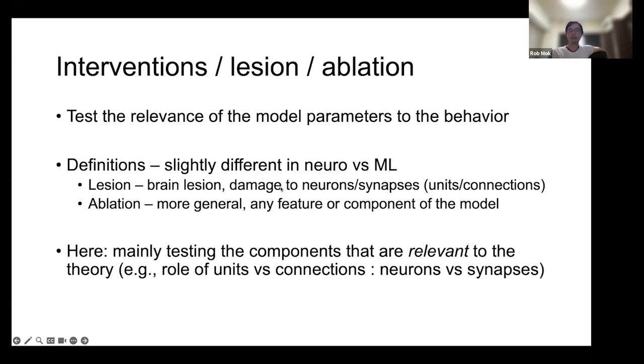We damage the neurons or the synapses or the connections between units, and then we see what happens to the model. Because that tells us which components are relevant to the theory and affect the behavior of interest. Of course, that could be anything in the model.